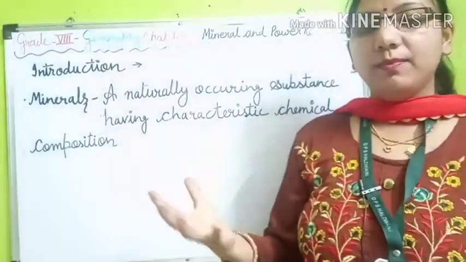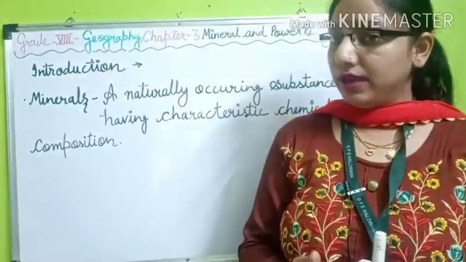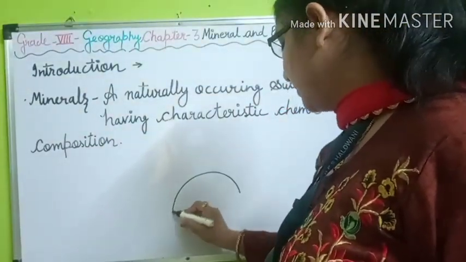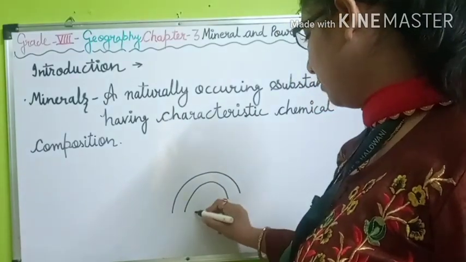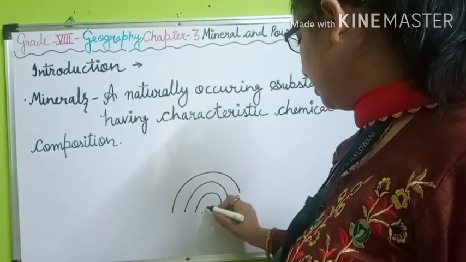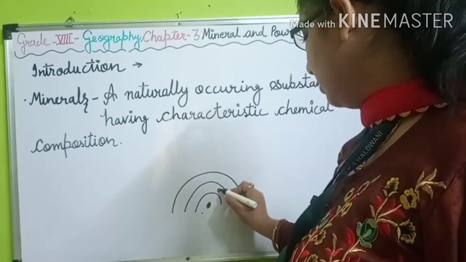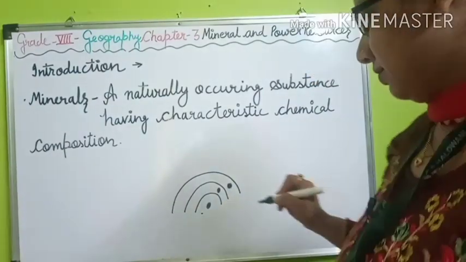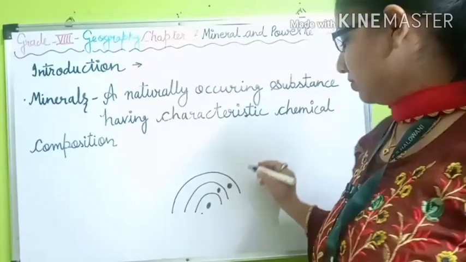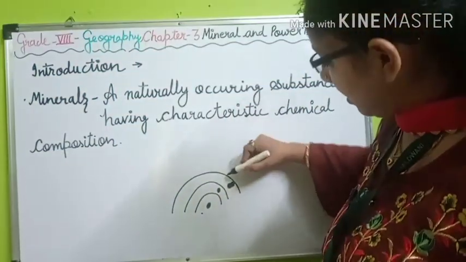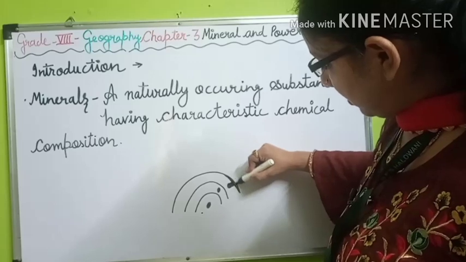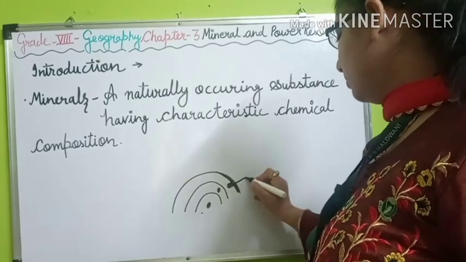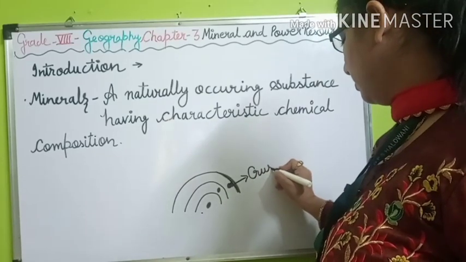The uppermost layer of the earth, which is known as the crust. If you have studied in 7th class, there are 3 main layers: core, mantle, and crust. The crust is the layer which is not thicker than 5 to 10 kilometers in depth.